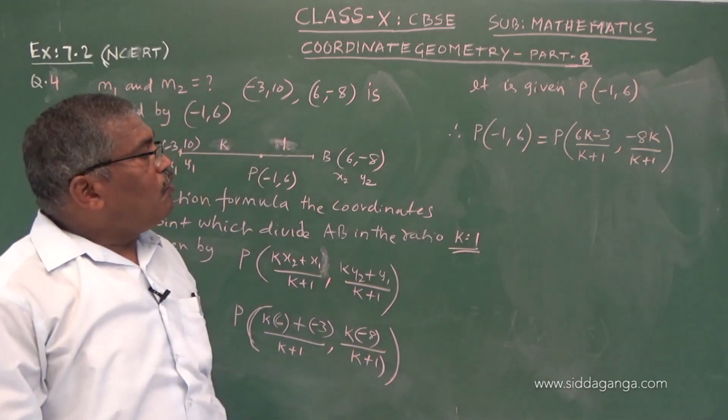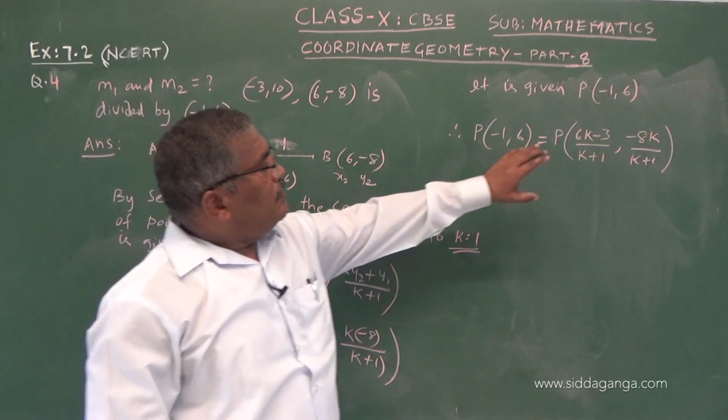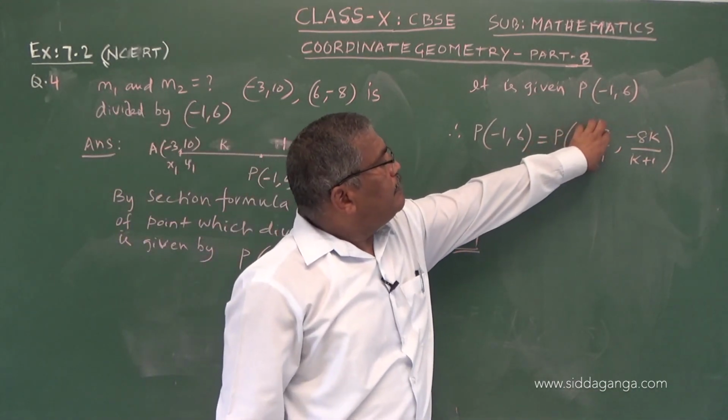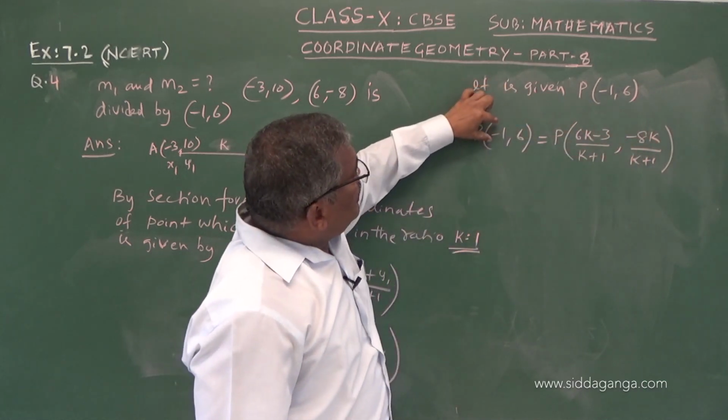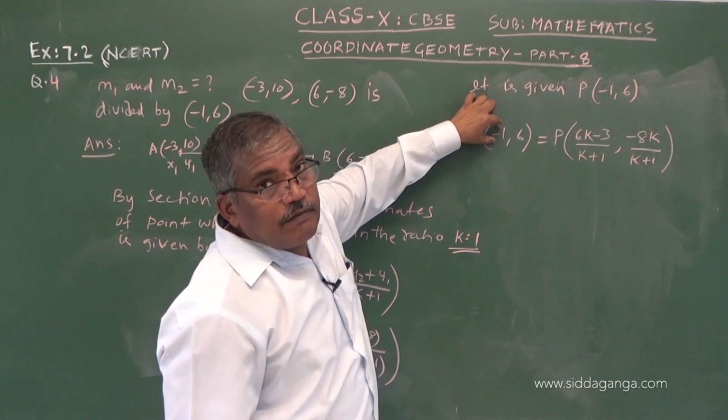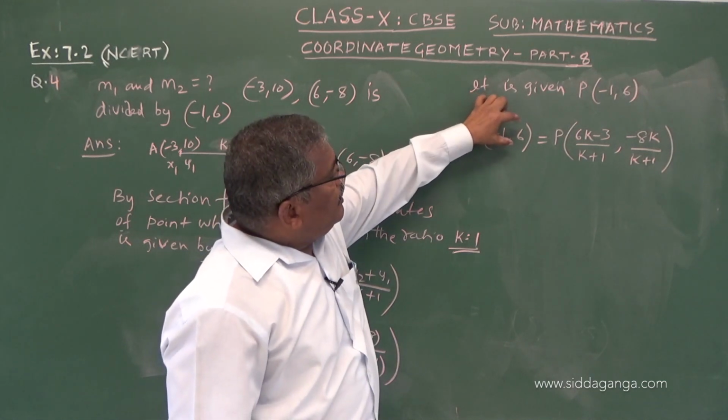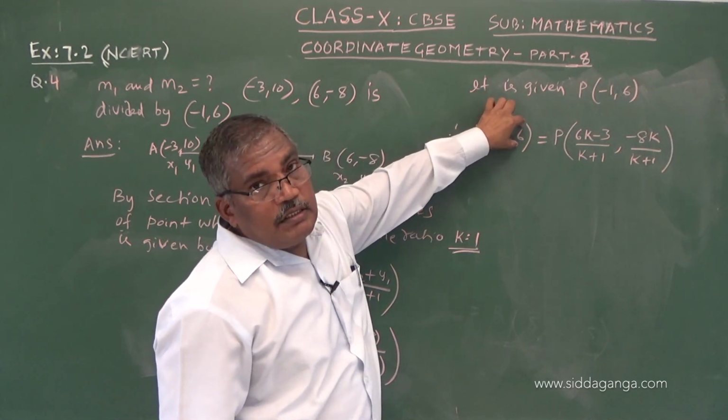So here the important thing is, this is x coordinate, this is y coordinate of point P, and x coordinate is given as -1, y coordinate is given as 6.